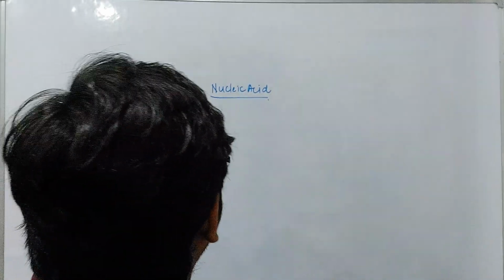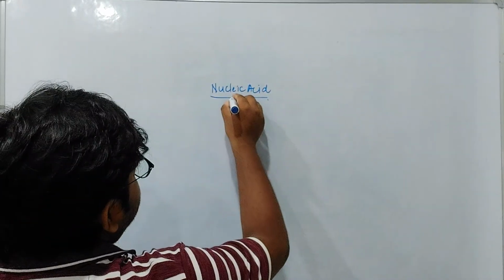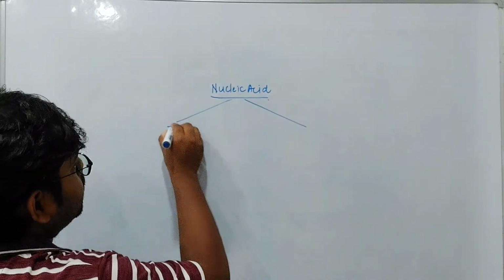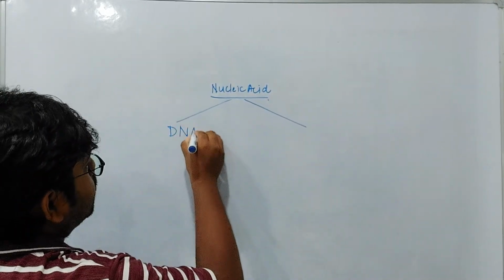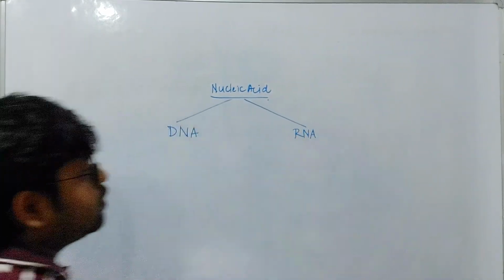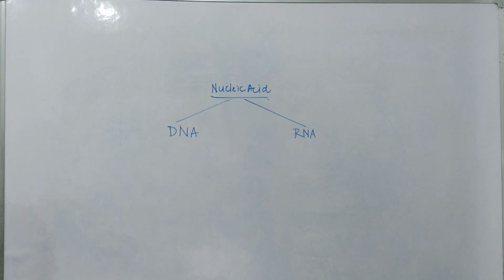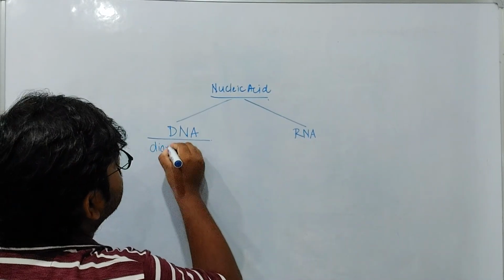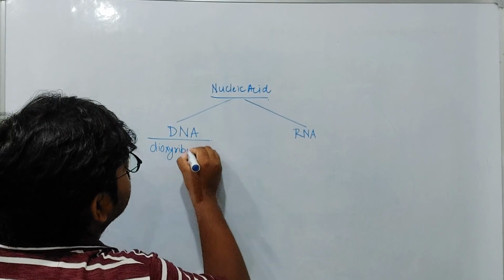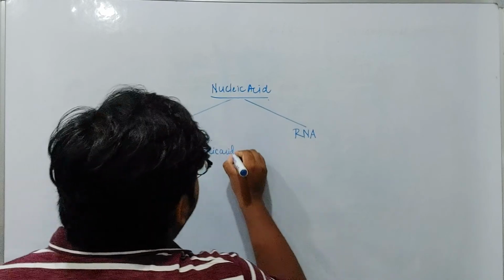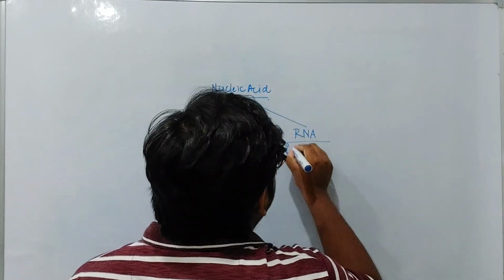So nucleic acids are basically two types. One is DNA, another one is RNA. So DNA means deoxyribonucleic acid, and RNA means ribonucleic acid.